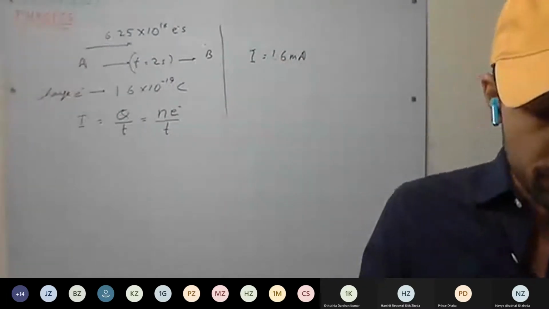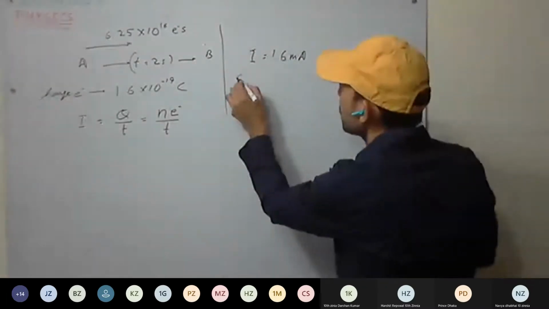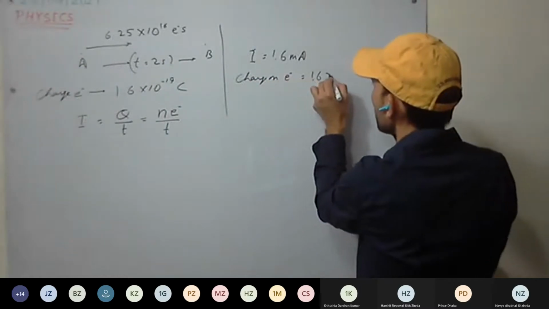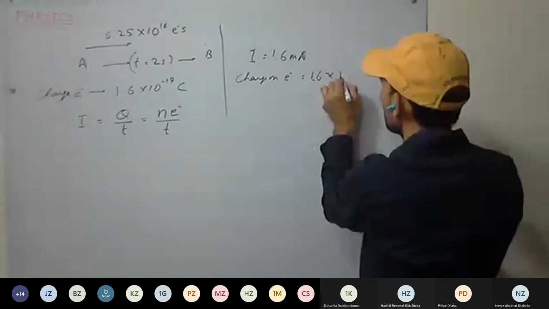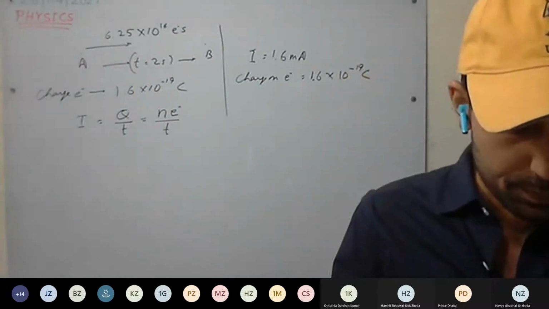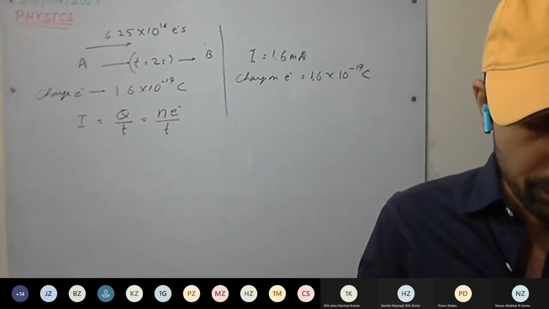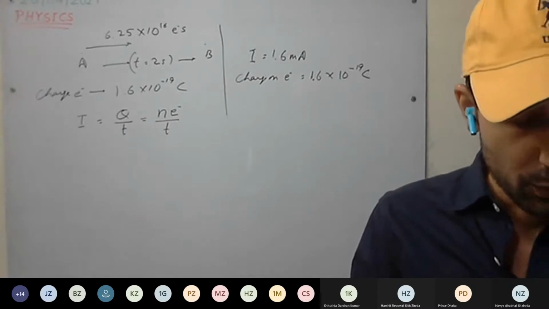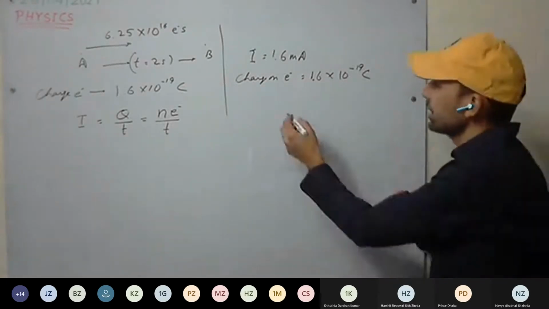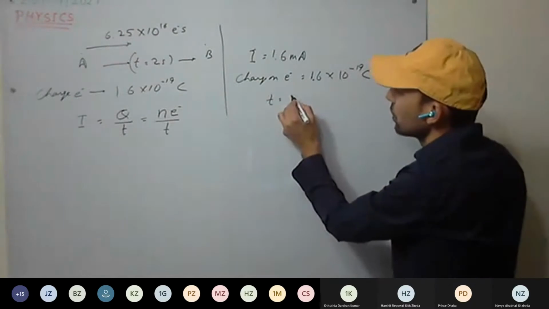If the charge on an electron is given as 1.6 into 10 raised to power minus 19 coulomb, find the number of electrons that will pass each second through the cross section of that conductor. Each second, so T is given as 1 second.